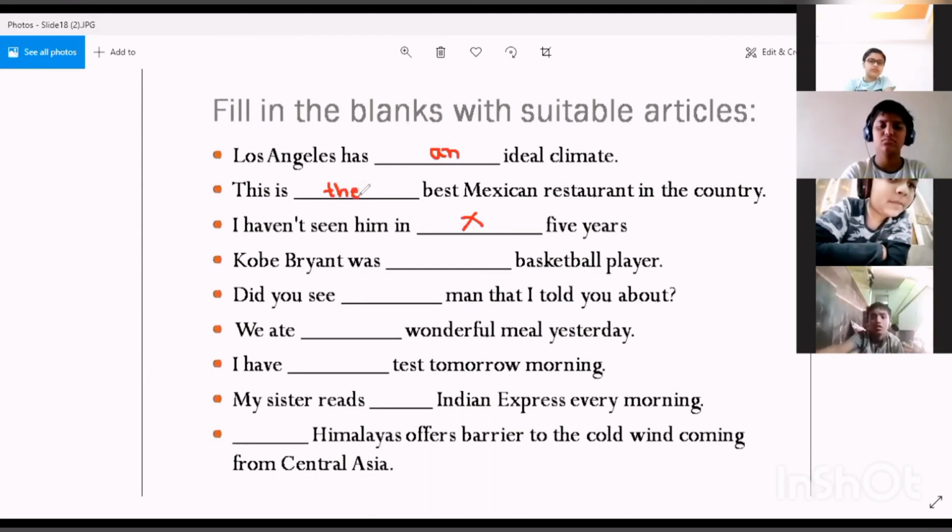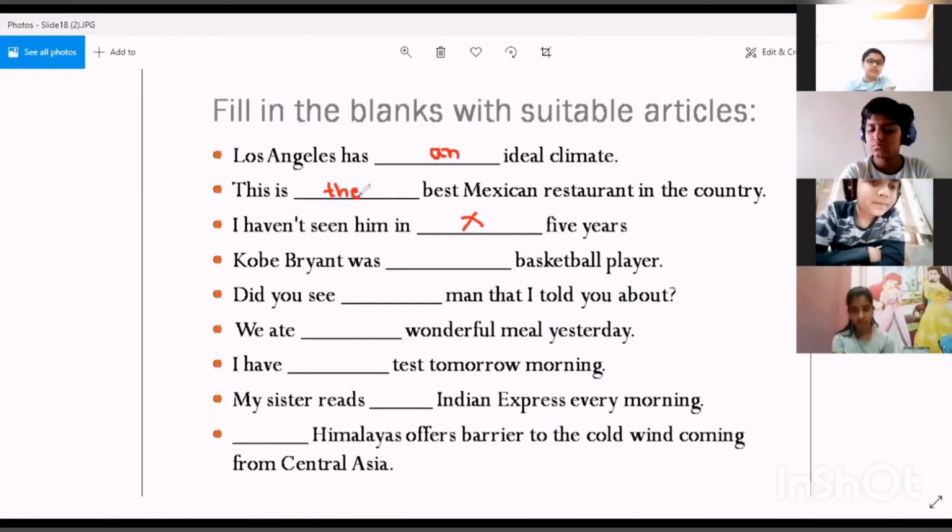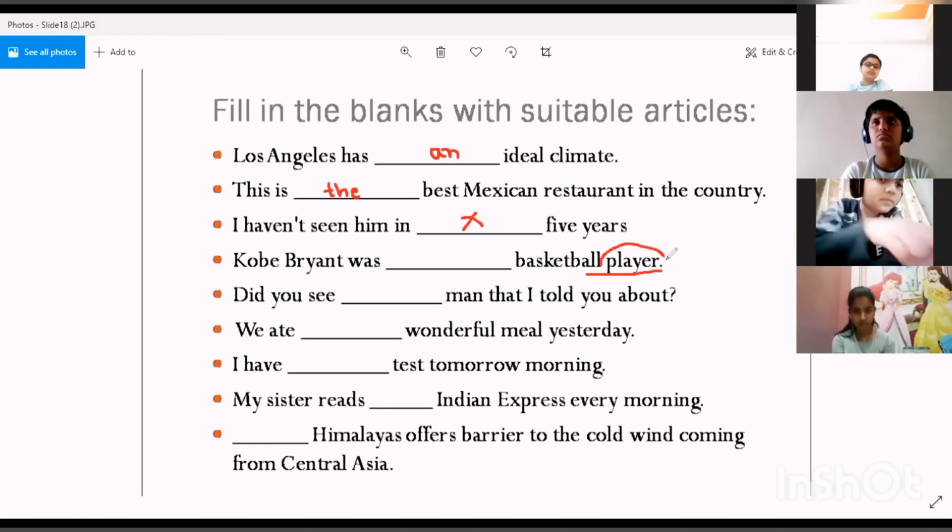Yes. See, don't get yourself confused, Shubhanjali. When the game would have been talked about, then we would not have used any article. But now we are referring to the player. Basketball player. So what are we concerned with? This word player. That is why we are using a over here.